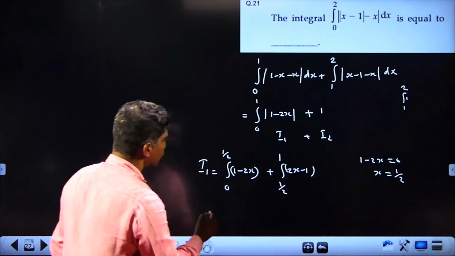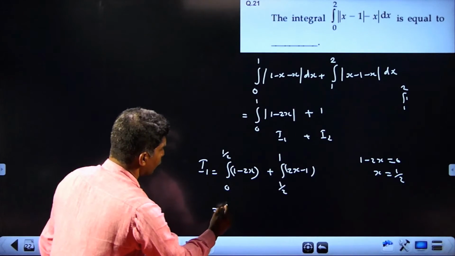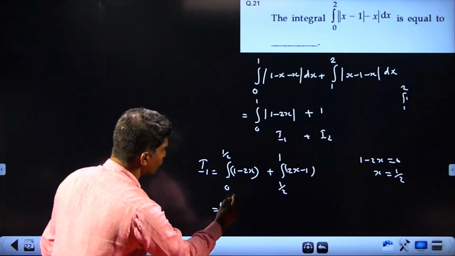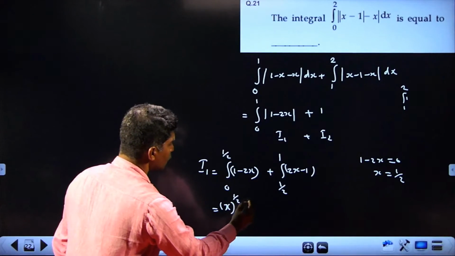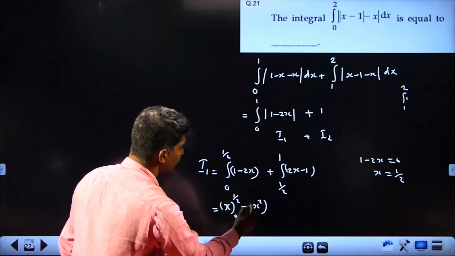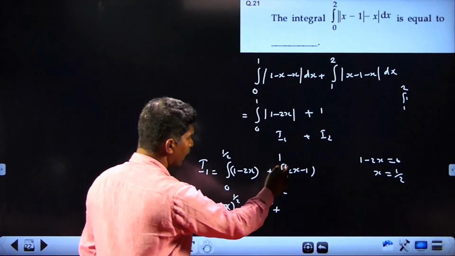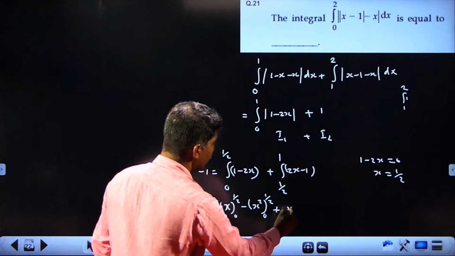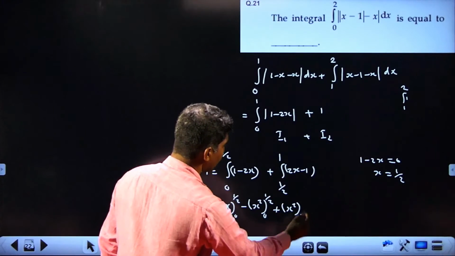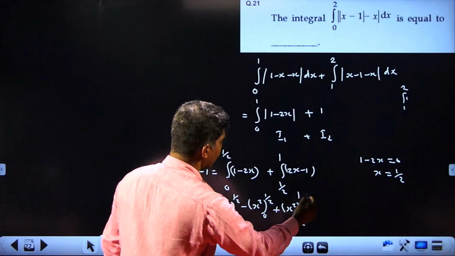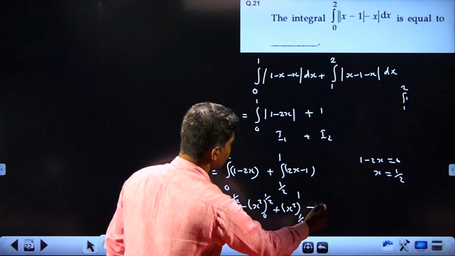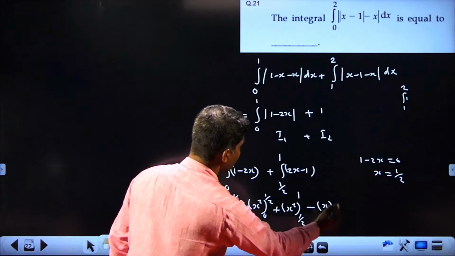Now we just integrate. You will be getting 1 integral is x within the limit 0 to 1 by 2, minus 2 to cancel, x square within the limit 0 to 1 by 2, plus here again x square by 2, 2 to cancel, x square within the limit 1 by 2 to 1, minus x within the limit 1 by 2 to 1.